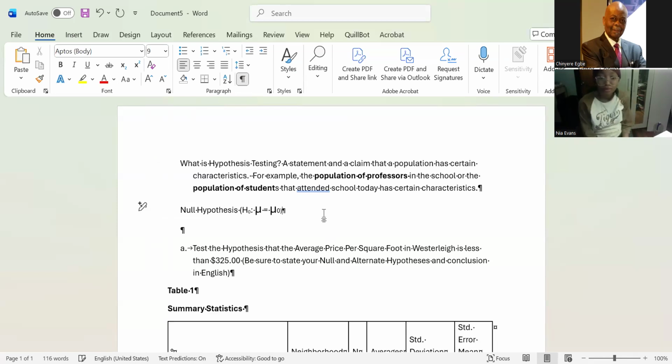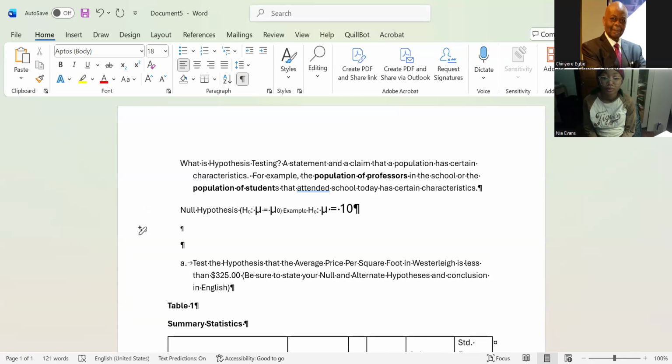For example, we can say that mu is equal to 10. We're saying that the population average is 10. That's a hypothesis, all right? Population average is 10.